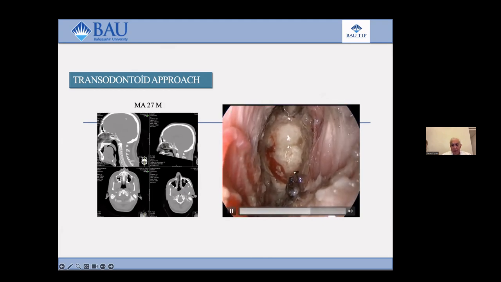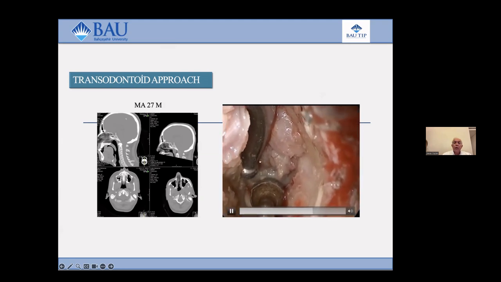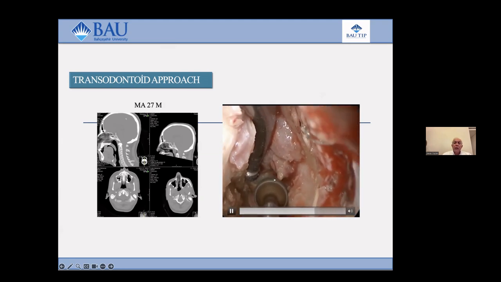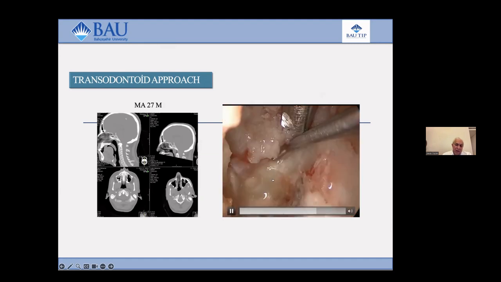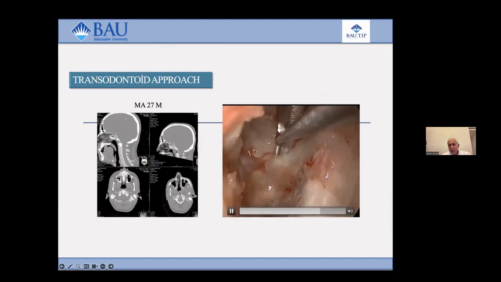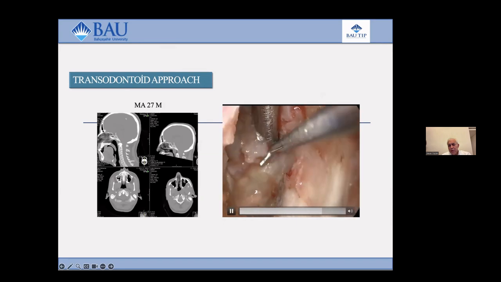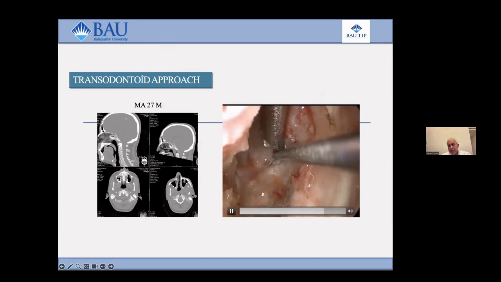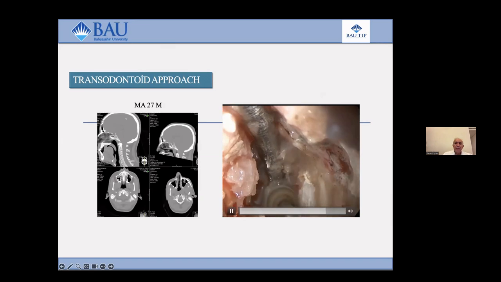In this case, we removed only the odontoid tip and preserved the odontoid base, and you see after removal of the odontoid tip, we explored the transverse and the other ligaments.